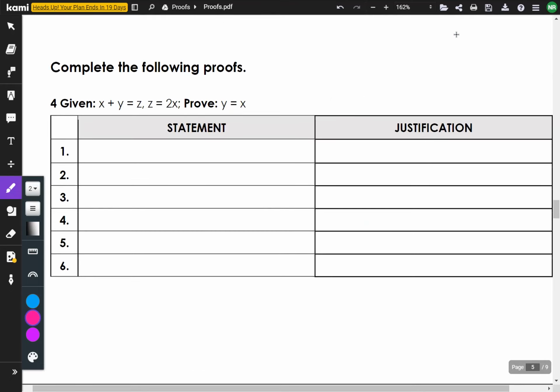We have 2 given statements. So I'm going to take x plus y equals z. And these are already numbered, so you're welcome. In order to combine them, first look at your goal.